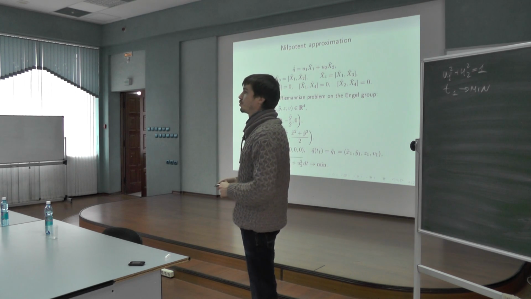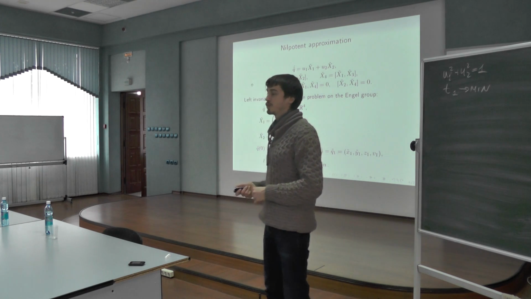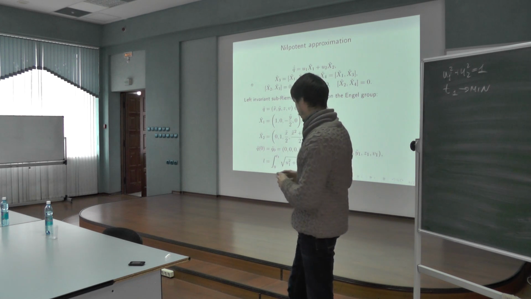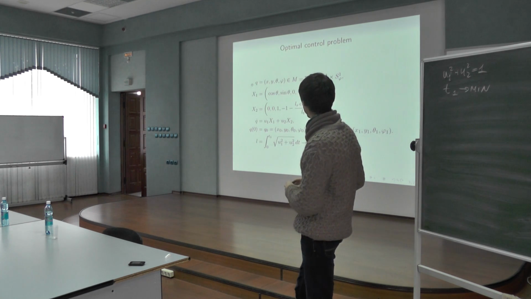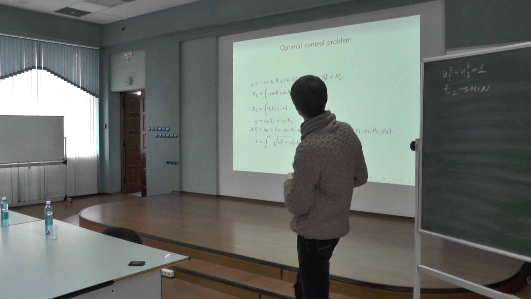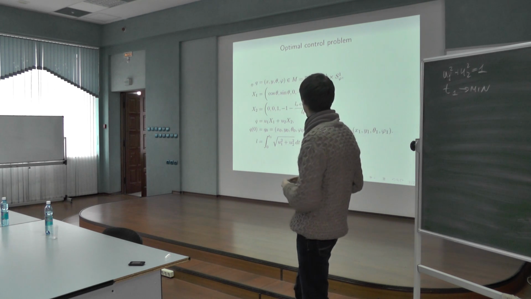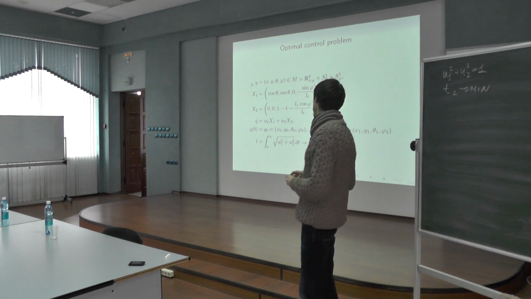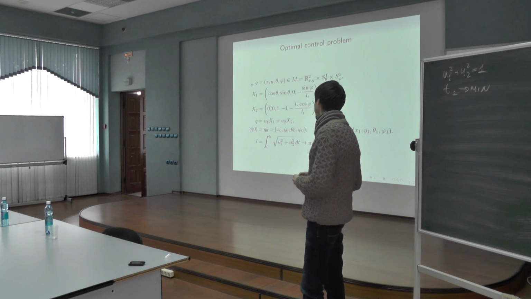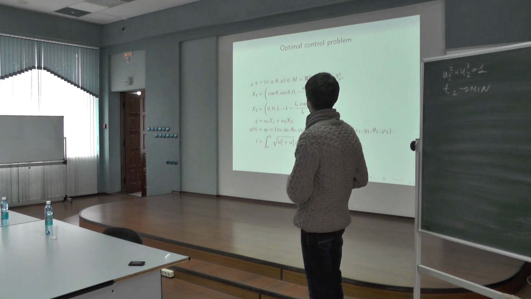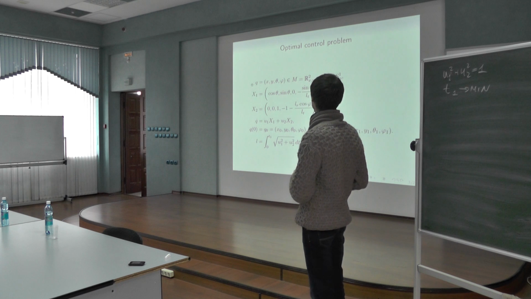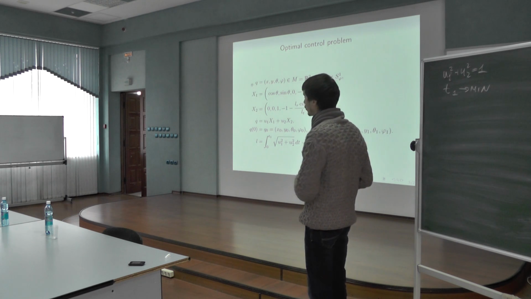In such a situation, usually linear approximation is used, but for this control system, linearization is not controllable, since the dimension of control is less than the dimension of configuration space.